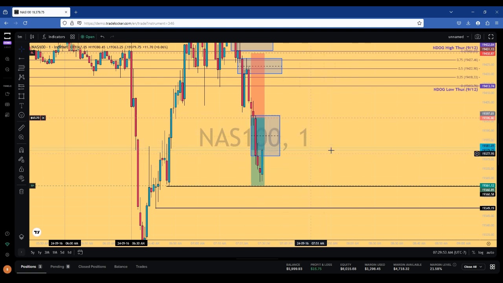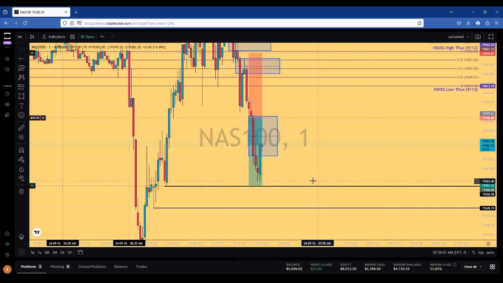Let's see what it wants to do with that. We respect that fair value gap. Here we go. Here we go. I mean, that touched it. I don't know why it didn't.